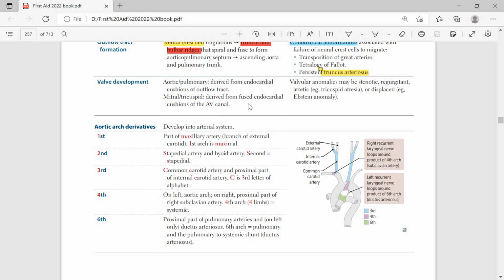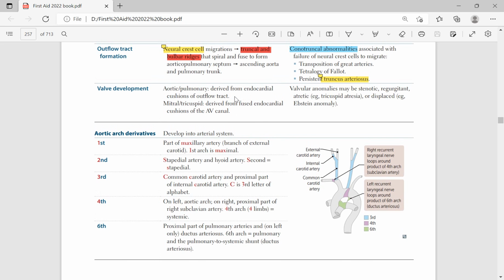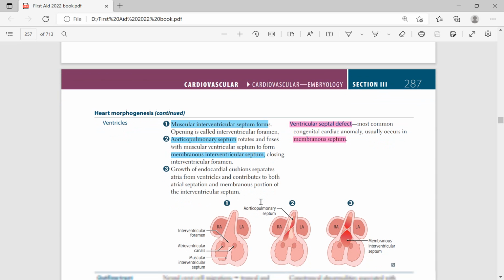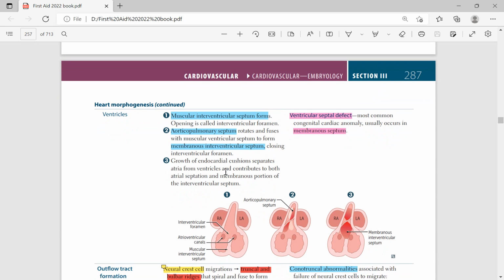The mitral and tricuspid valves are derived from the fused endocardial cushions of the atrioventricular canal. Here we have read that growth of the endocardial cushion separates atria from ventricle and contributes to atrial septation.